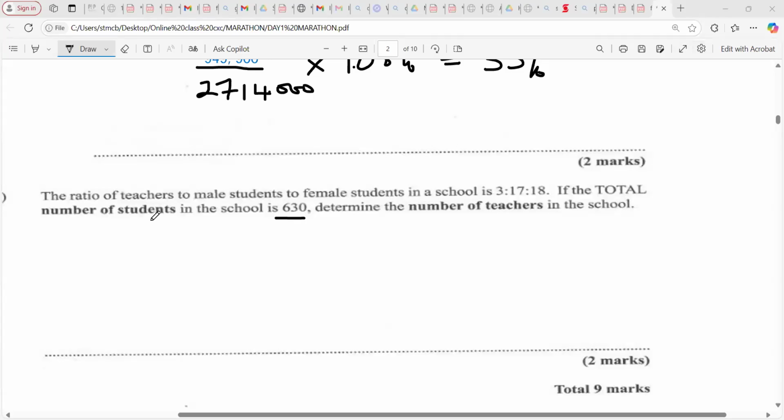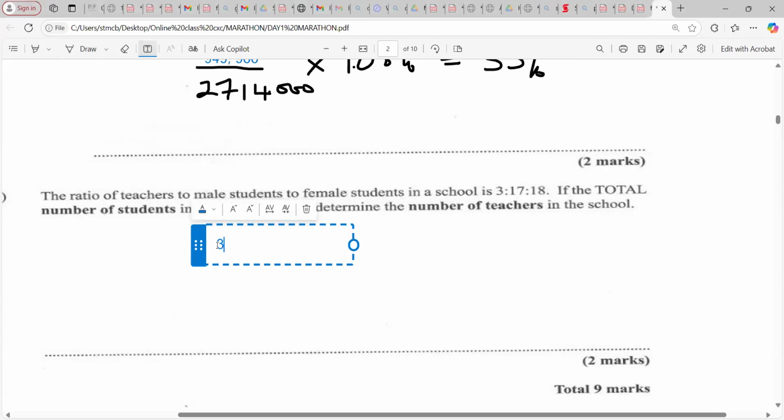Alright, so the ratio of teachers to male students to female students is 3 to 17 to 18. If the total number of students is 630, determine the number of teachers. So since they give us the total number of students, we don't even have to separate boy or girl, right? They already give you the total.